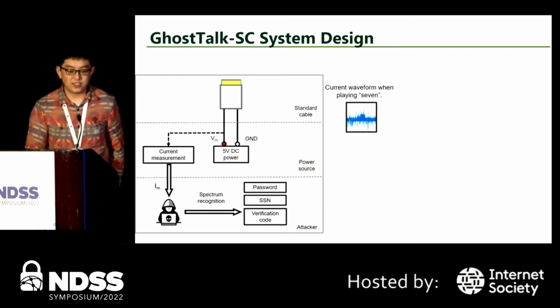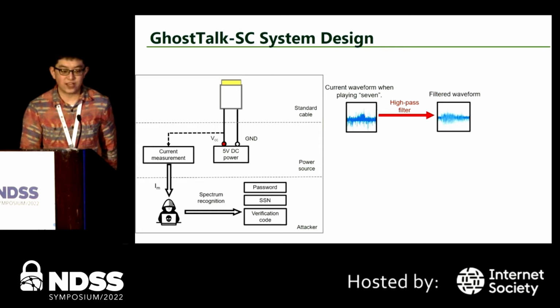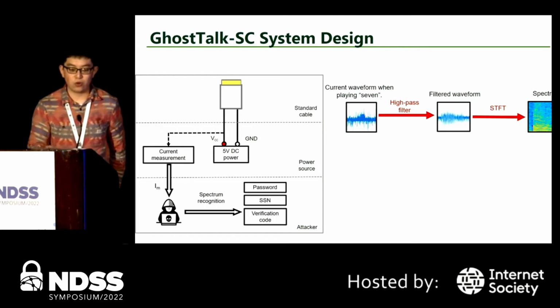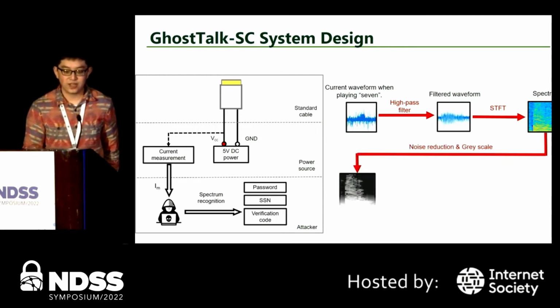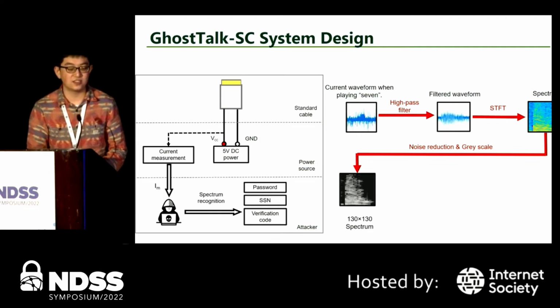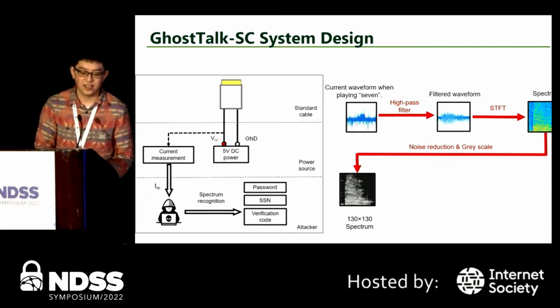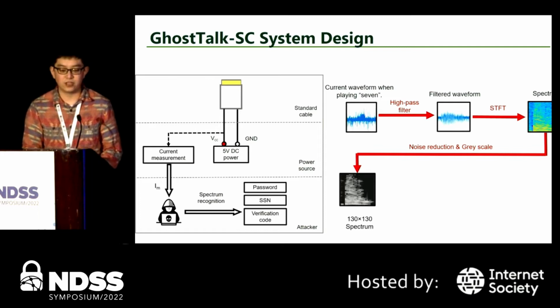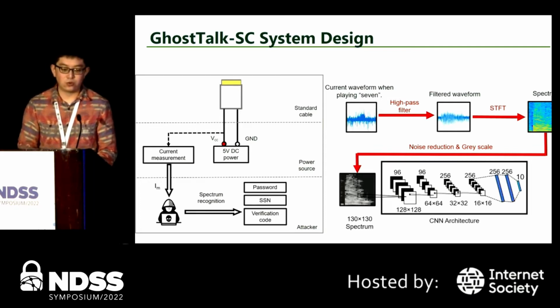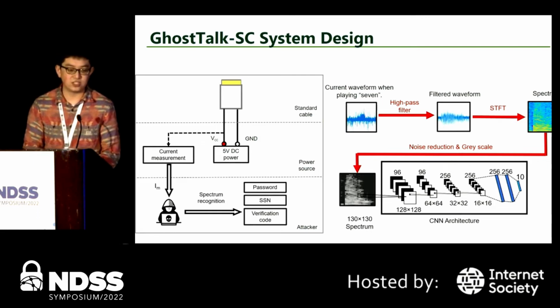Basically, we use STFT to get a spectrogram image and denoise it as a grayscale image, and it will work as the CNN input. The neural network architecture is inspired by AlexNet, and we train it on a public spoken digit dataset. Finally, the model will output the prediction of these spoken digits.